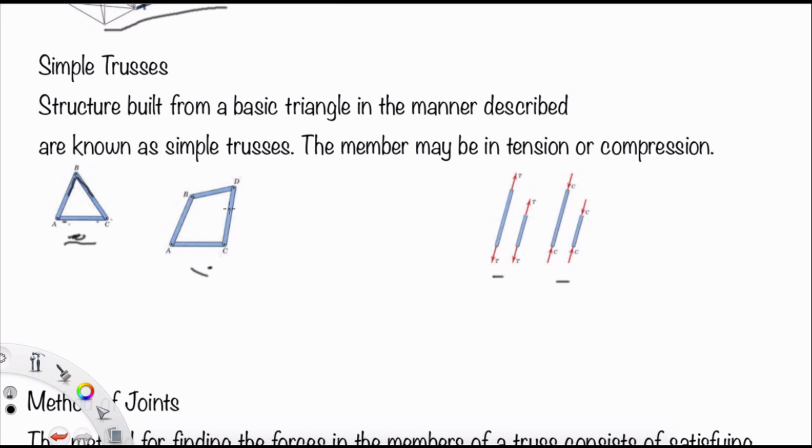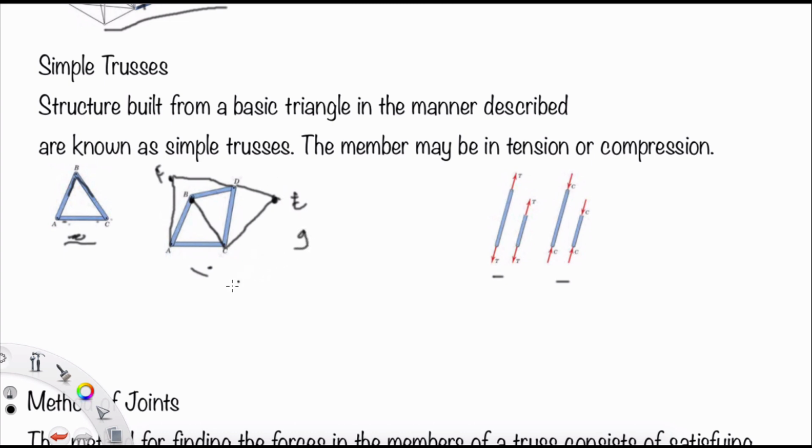Maybe I'm going to add E here after D, and also F here, and also we have to make a member inside. So now how many bars do we have? 1, 2, 3, 4, 5, 6, 7, 8, 9 bars.